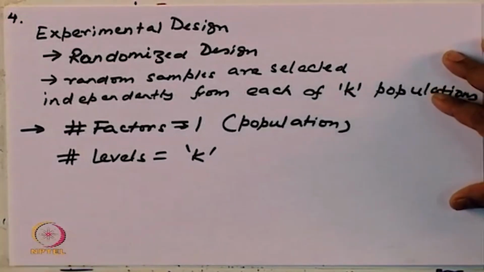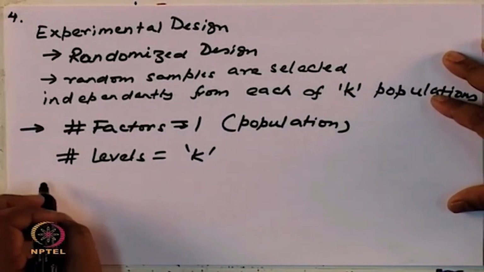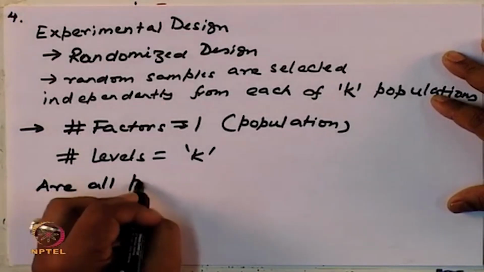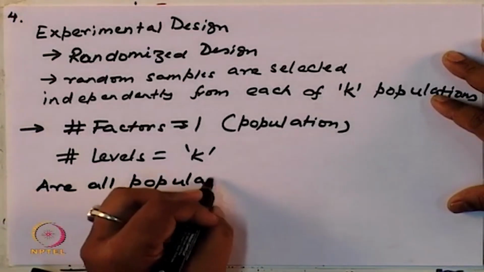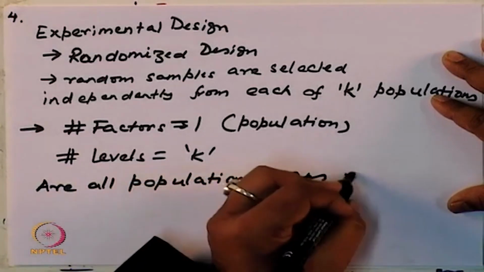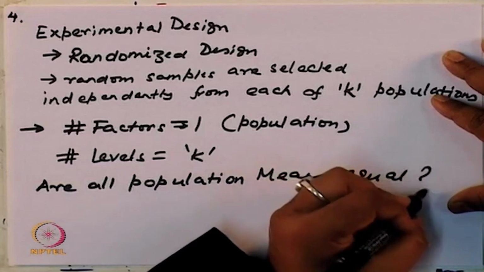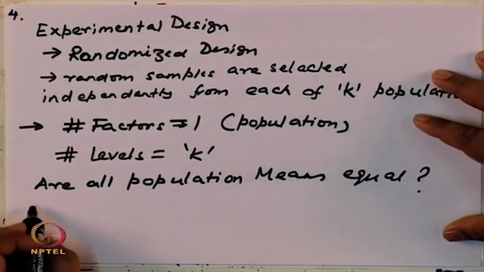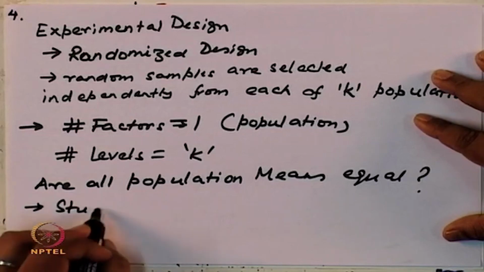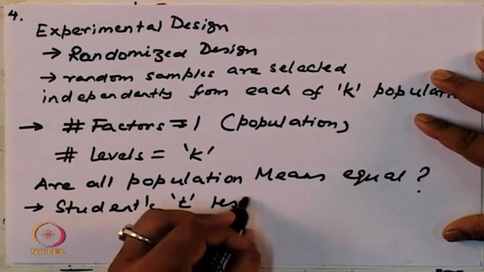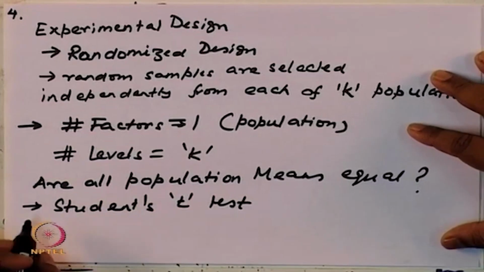So, you can ask the question, are all population means the same? It is possible to do the student's t test, but then you will have to test various hypotheses.